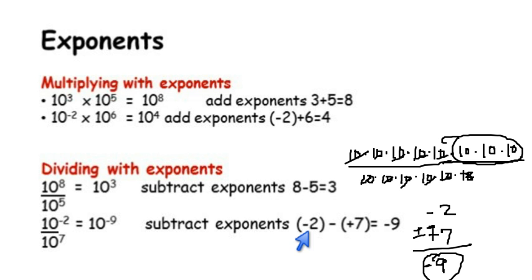So that top minus bottom, a minus a positive, you change the bottom to negative and then add them. So it would be a minus 9. So again, when you divide 10 to a power, you subtract the exponents, top minus bottom.